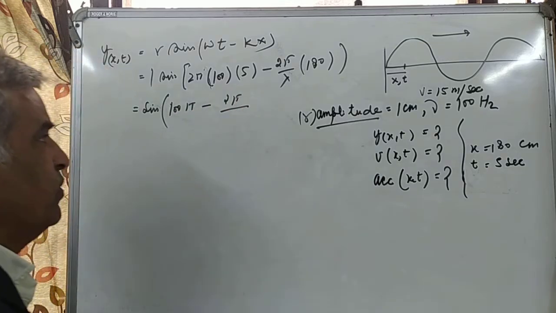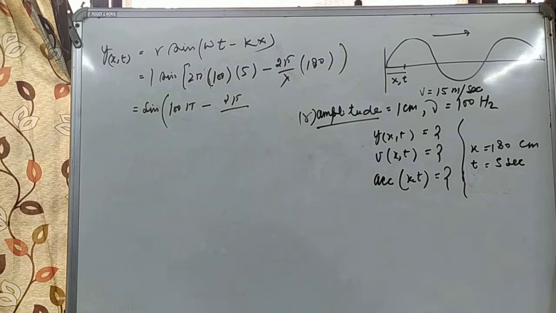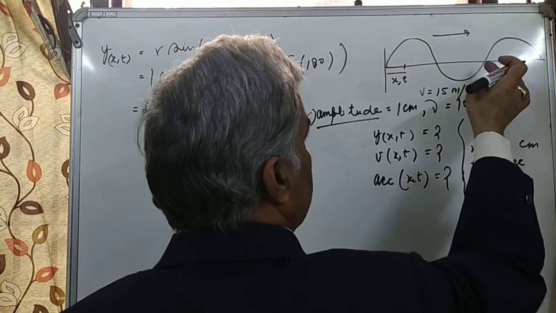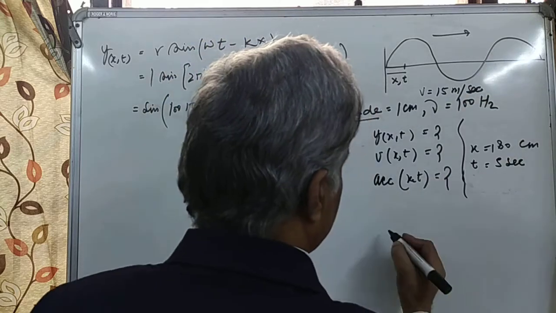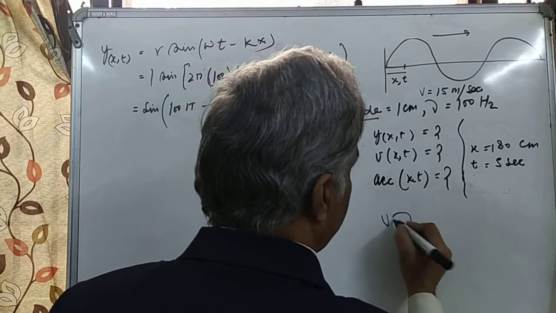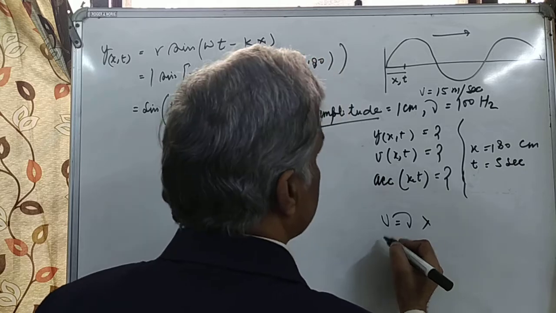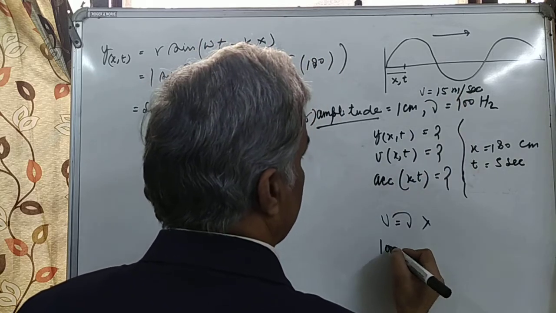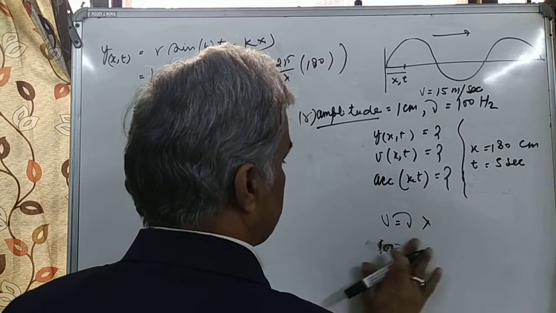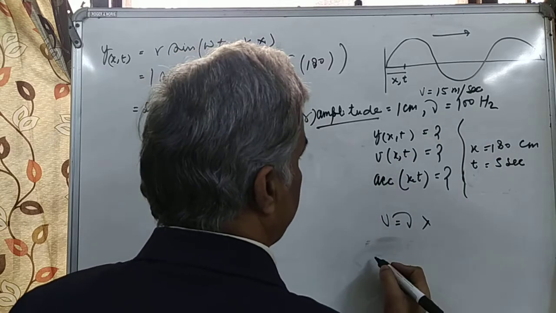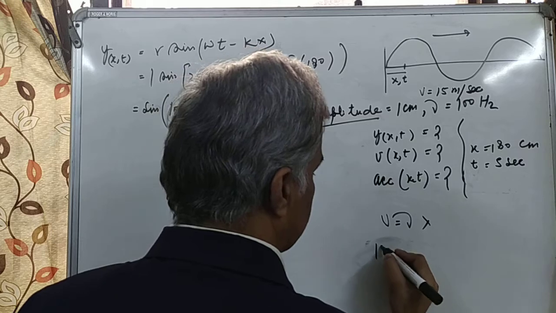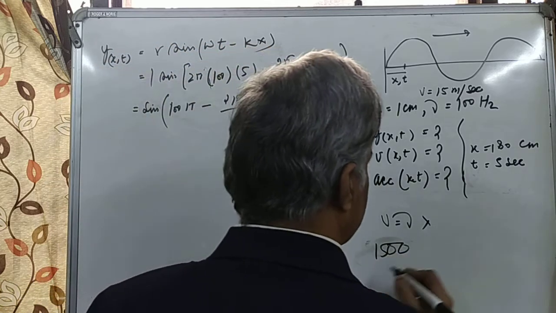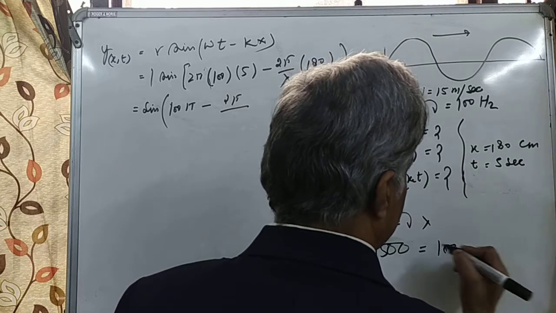How will you find lambda? Lambda is the wavelength. Velocity v equals nu lambda. Velocity is 15 meters per second, which is 1500 centimeter per second, and frequency is 100.